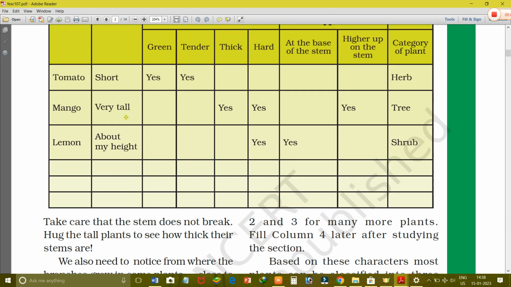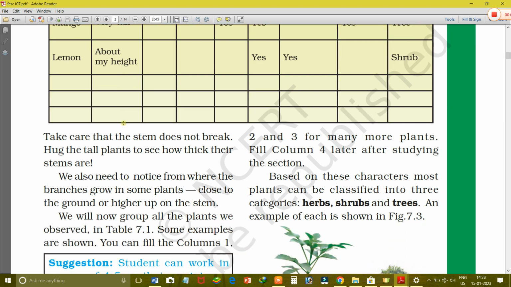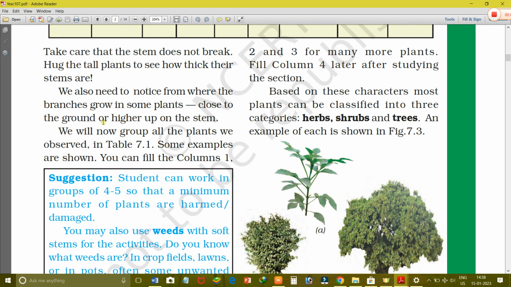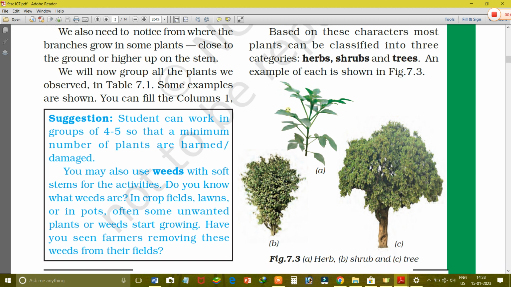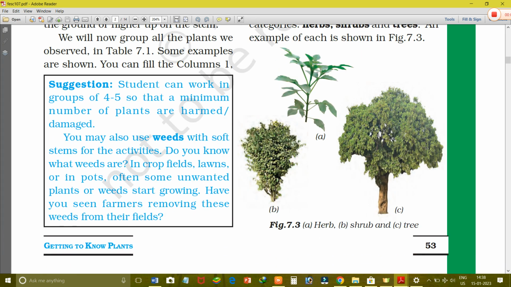sections based on this character. Most plants can be classified into 3 categories: herbs, shrubs and trees. An example of each is shown in figure 7.3.